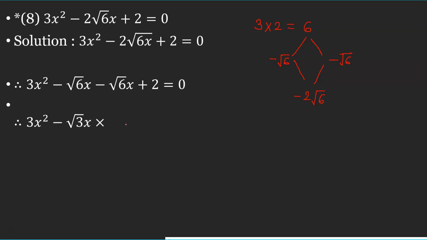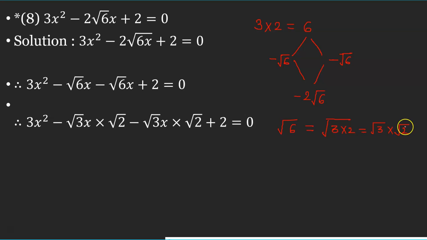That equals 0. Now this root 6 can be written as root of 3 into 2, that equals root 3 into root 2.